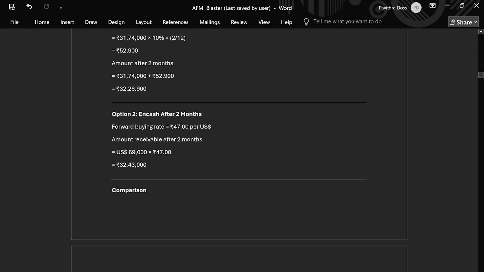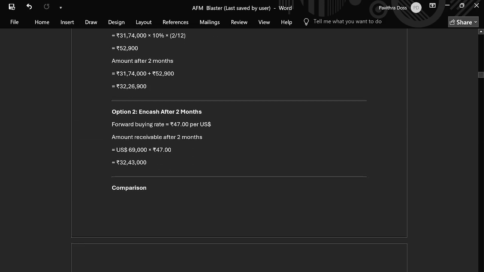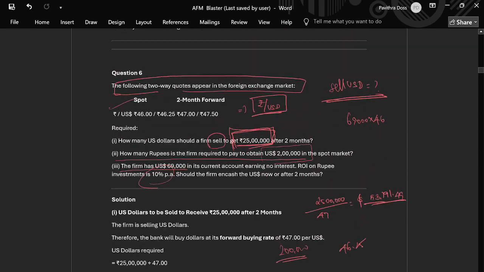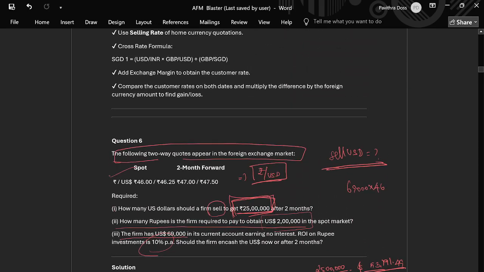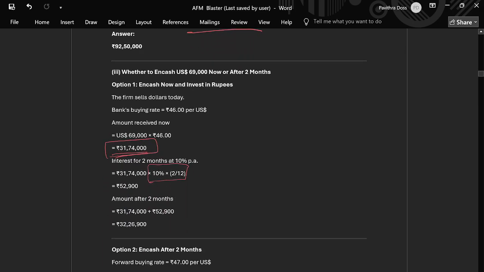So if we encash it now, we will get so much, and let us say we invest it for a period of 2 more months.